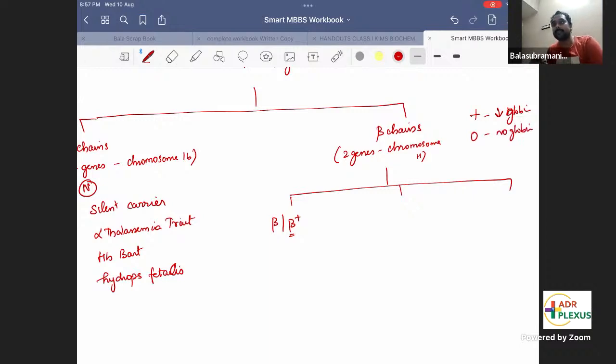If it is a 0 symbol, then there is no globin. So one is normal, the other one is producing lesser chain. This is called thalassemia minor.